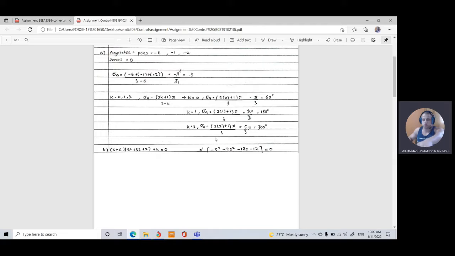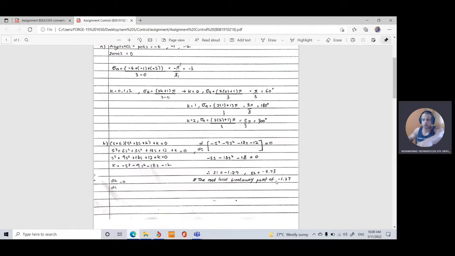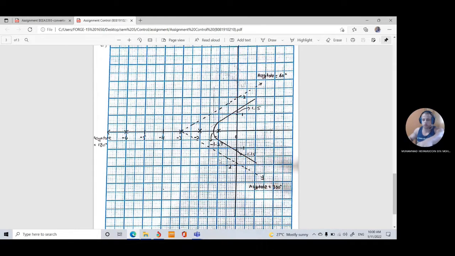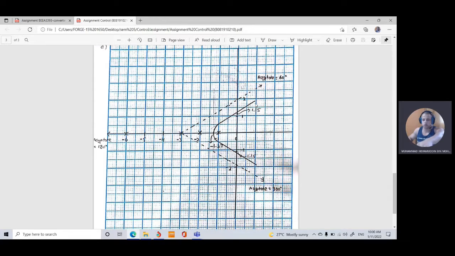Our breakaway is -1.27. So we find at the graph that we draw, we need to find -1.27. So this is the intersect point.